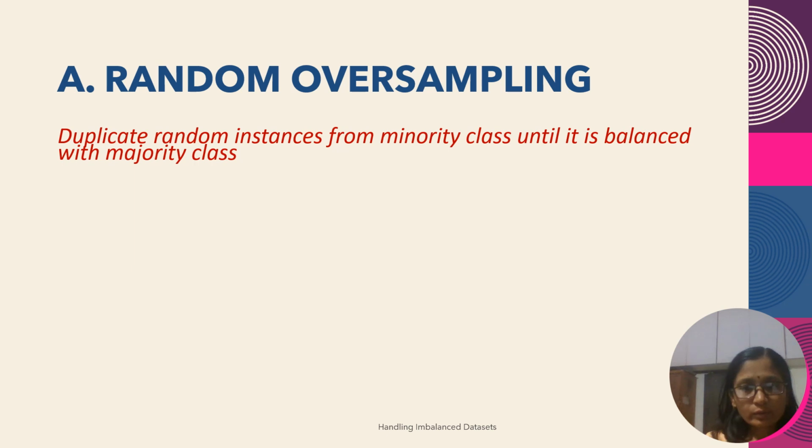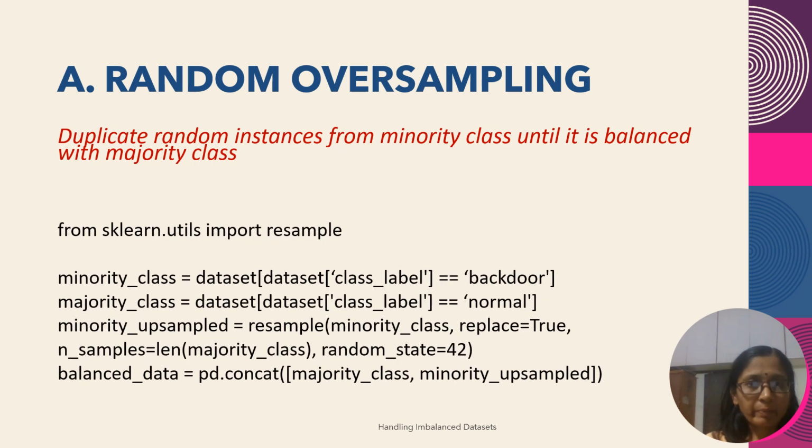You can do this very easily using Python, where we can import the resample function from sklearn.utils. So what inputs is it taking? It is taking the class which I want to resample. I want to resample backdoor, which is mentioned in the variable minority class.